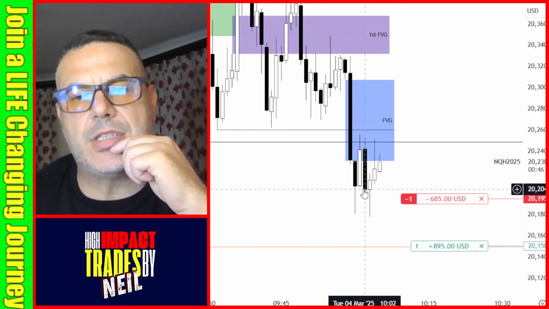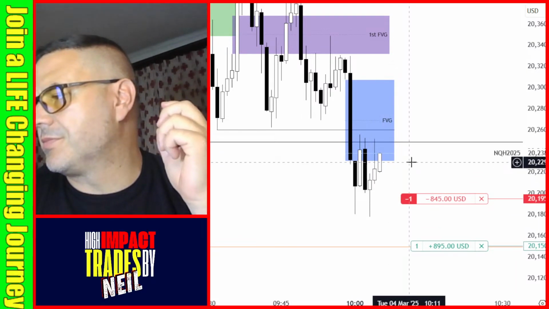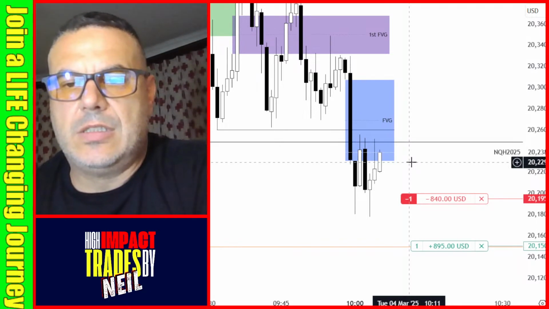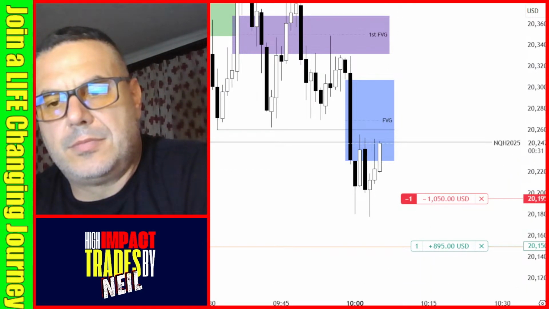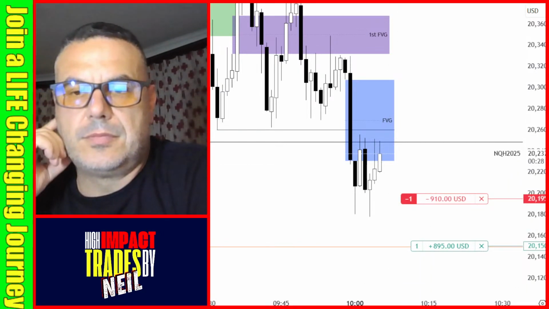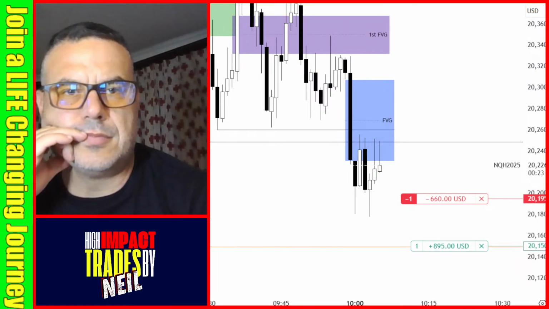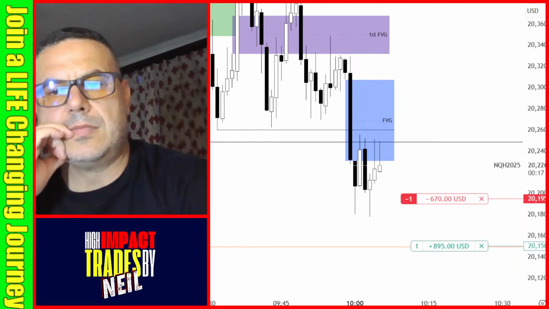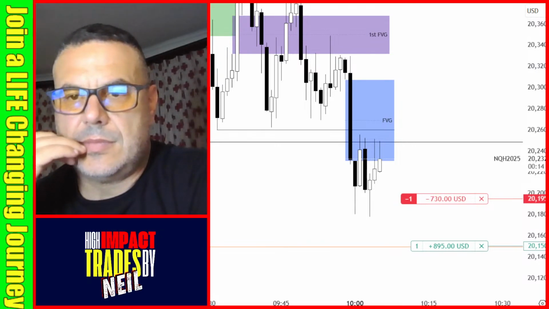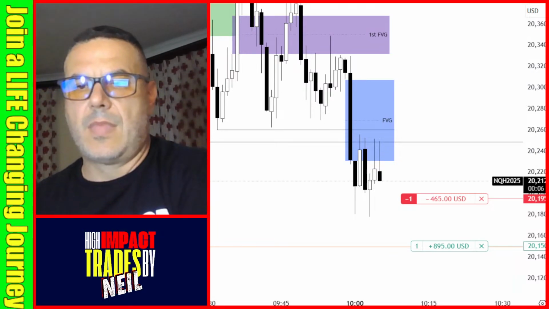Looks like there's momentum pushing lower, and then we see this little pullback, which is not ideal, but come on, push down now.